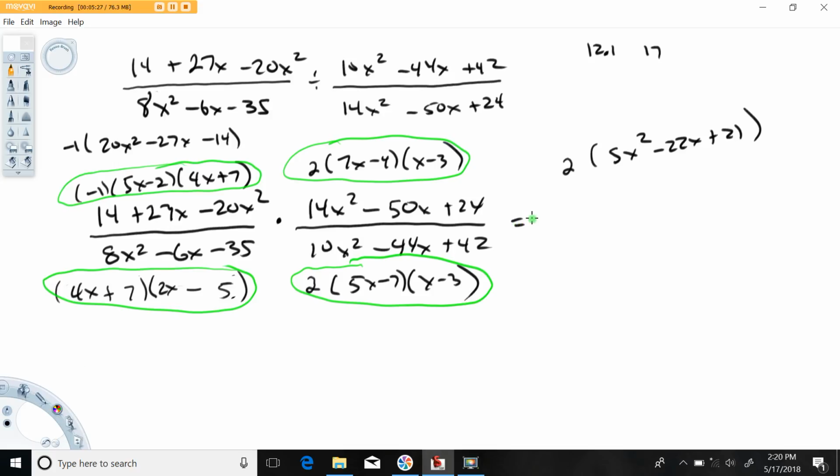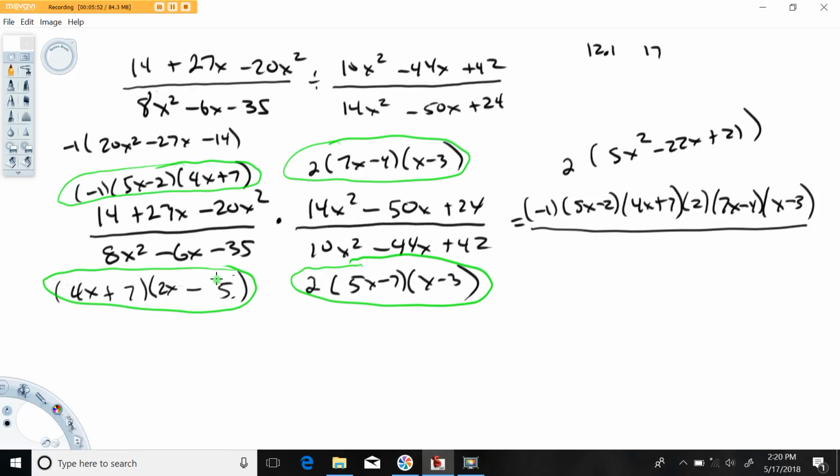Let's go ahead and rewrite it now. Minus 1 times 5x minus 2. That doesn't look like it's going anywhere, times 4x plus 7. Now we can write this all as just one fraction, times 2 times 7x minus 4 times x minus 3. A lot of stuff going on in the top of that.